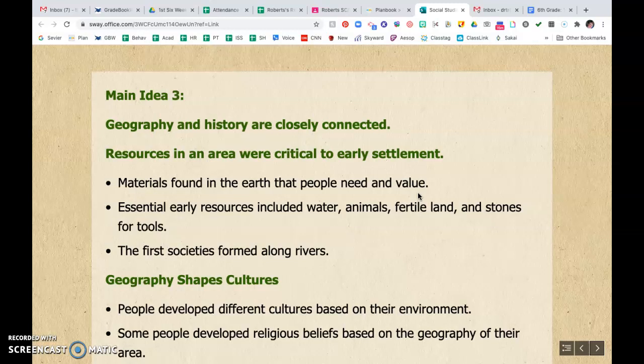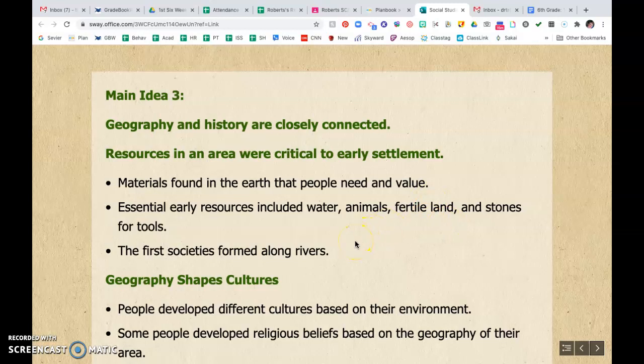Even today, we need water to survive. Back in the times before you go to the grocery store, they needed animals. They needed fertile land in order to grow their own food. And they needed something to make their tools out of. So a lot of people used stone until they developed different metals.